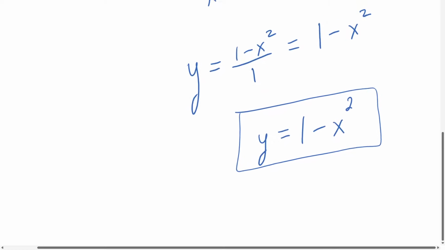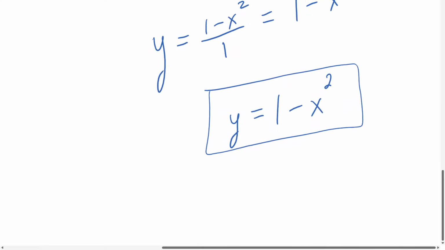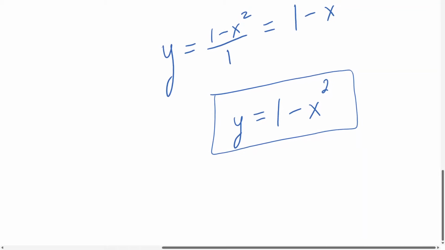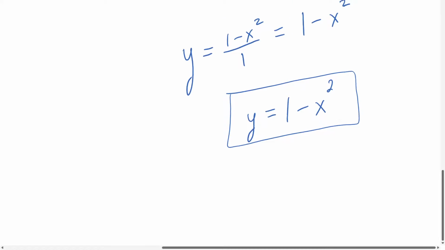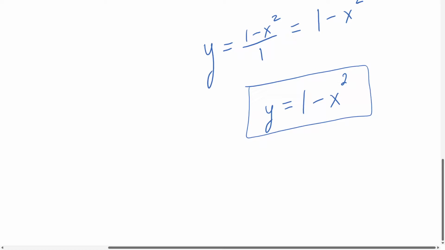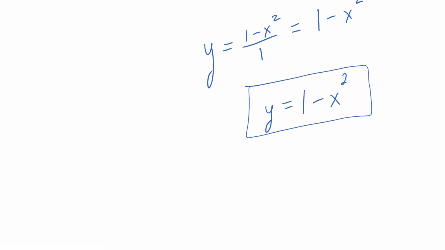What do you think? Does this open up or down? Down because of the minus in front of the x squared, correct? And then the 1 would be like a y-intercept, right? We know that because the y-intercept has a plus 1 here, the graph would have its vertex at the point 0, 1.